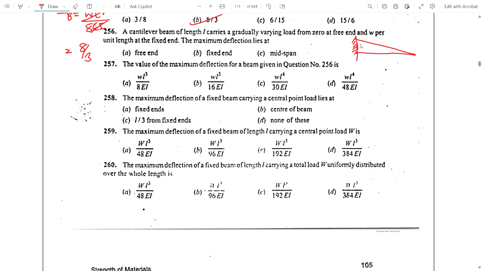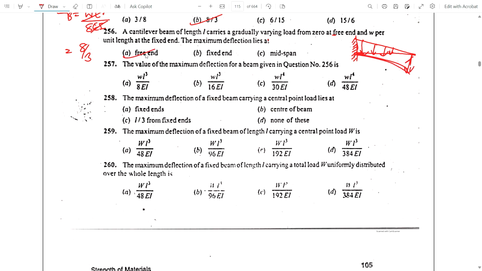Will the maximum deflection be at the free end, the fixed end, or mid span? At the fixed end the deflection is 0, so the deflection will be different there.